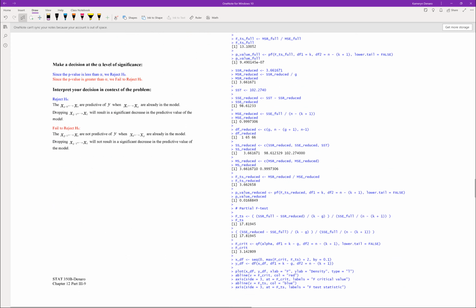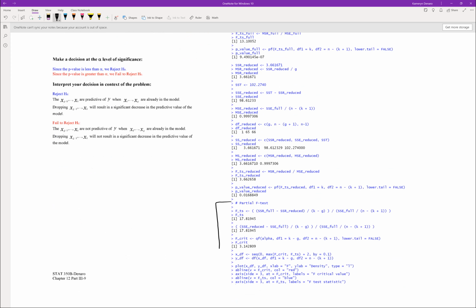But you can see this is the actual code if you want to carry out the partial F-test. These are the equations given: the sum of squares regression of the full model minus the sum of squares regression of the reduced model, divided by k minus g, divided by the sum of squares error of the full model divided by n minus (k plus 1).